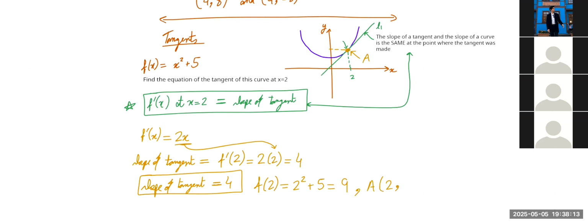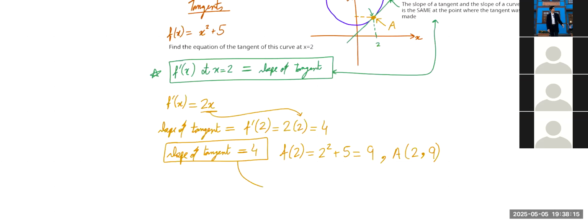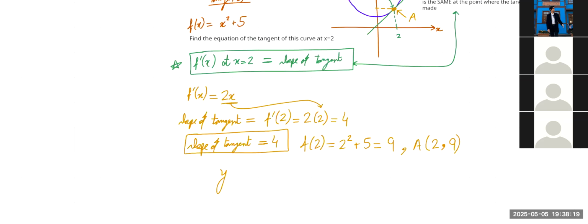And now I know the slope of the tangent and a point that the tangent passes through, which means I can find the equation of the line by just doing y minus 9 equals the slope times x minus 2. This is the point-slope form that, again, we covered in the straight line equations class. So there you go, you have the equation of the tangent.